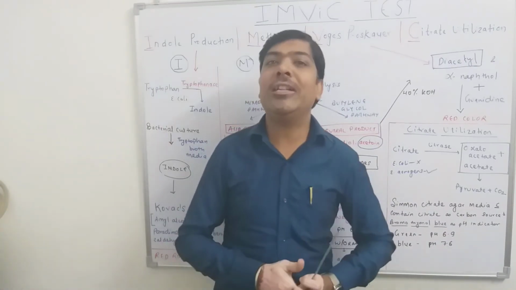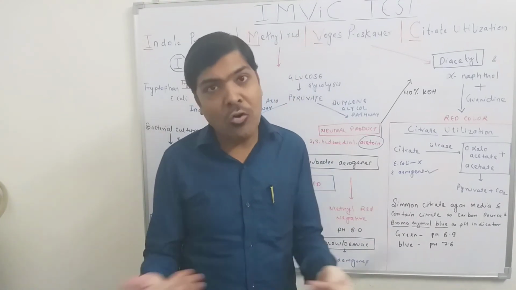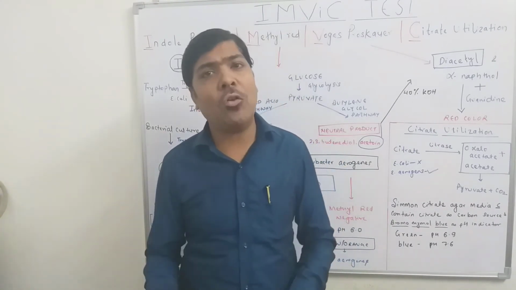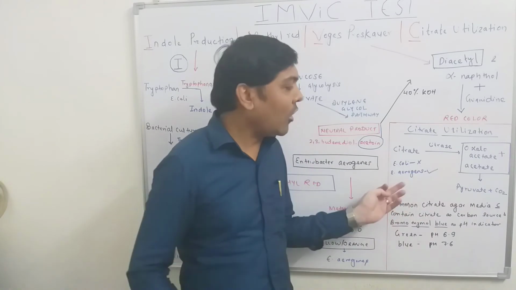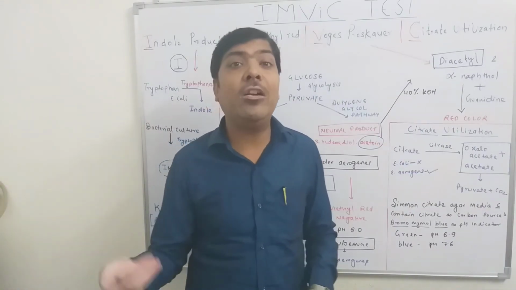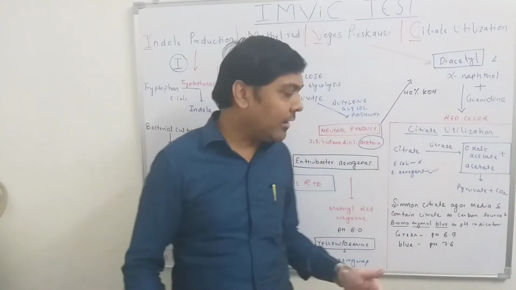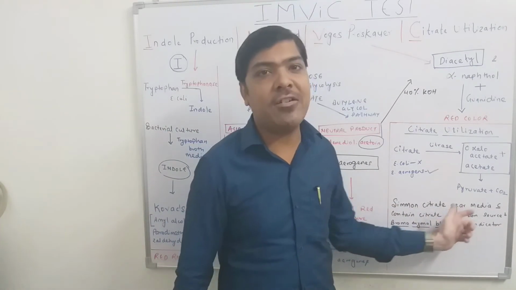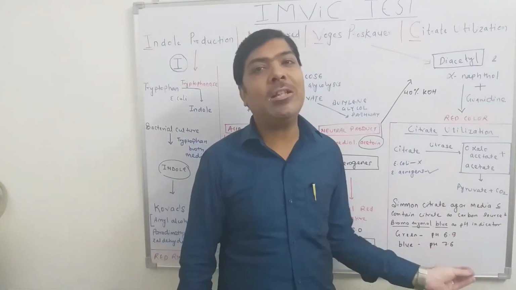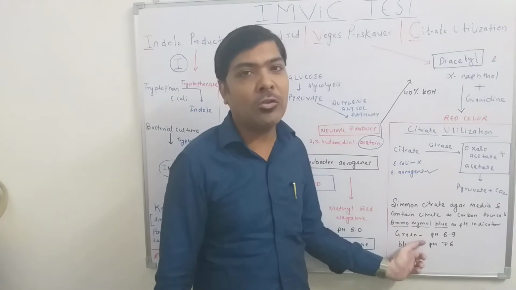So again, whatever sample is brought to us, if we want to identify and differentiate two categories of bacteria, we grow the bacteria in a culture medium of Simmons citrate agar containing the indicator bromothymol blue.